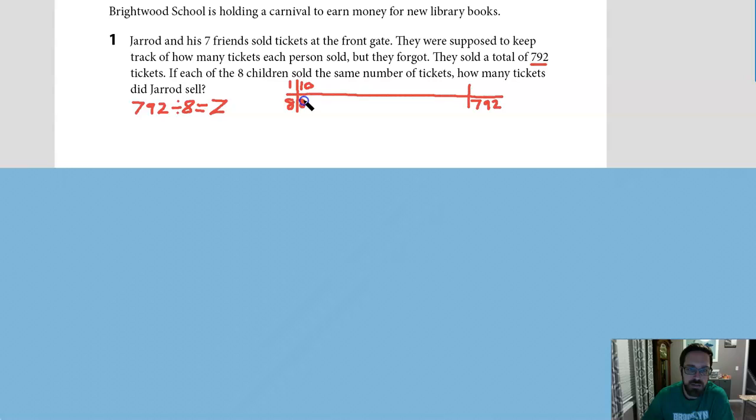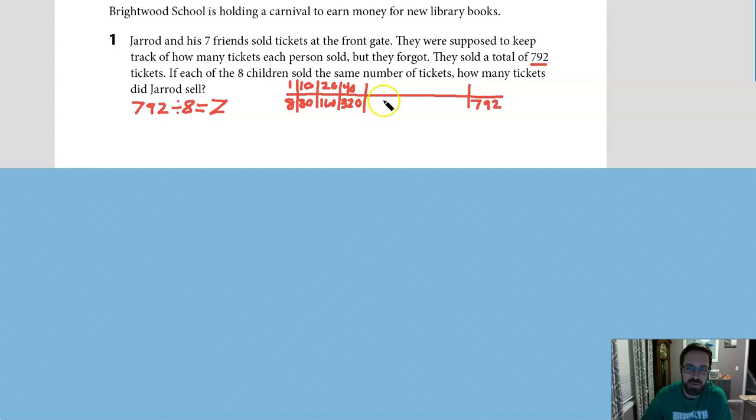If I do times 10, 8 times 10 would be 80, and then let's double it. 10 doubled would be 20, 80 doubled would be 160. I could double that again: 20 doubled is 40, and 160 doubled is 320.